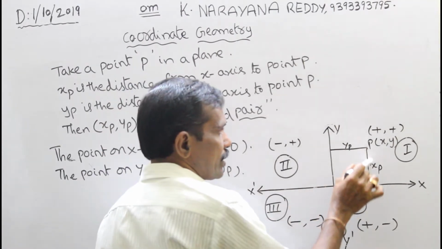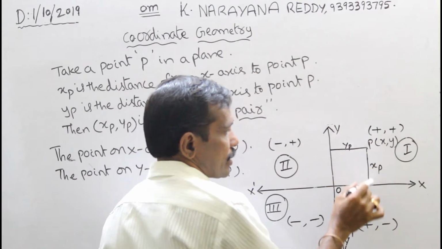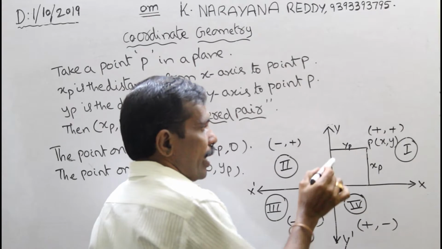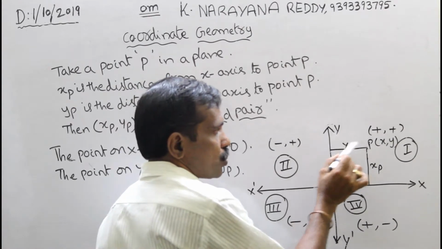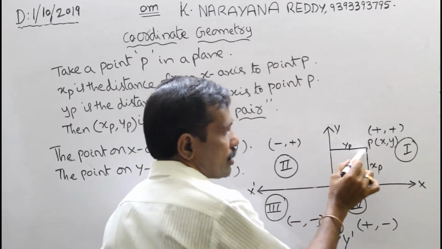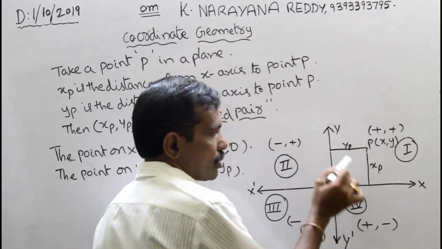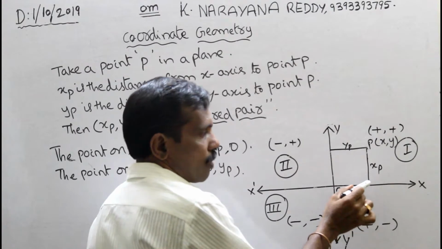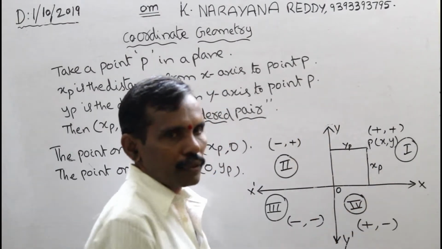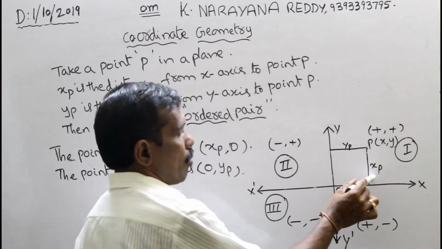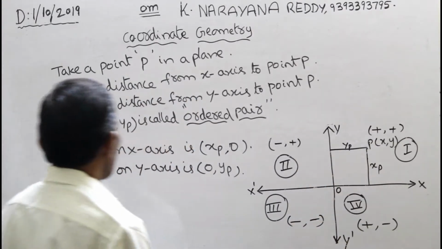This xp is the distance from the y-axis to the point P, and yp is the distance from the x-axis to the point P. Okay? This is xp and this is yp. So xp comma yp is called an ordered pair.